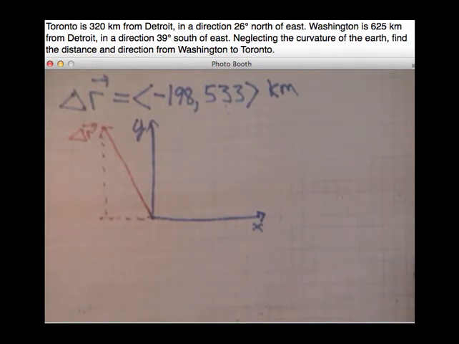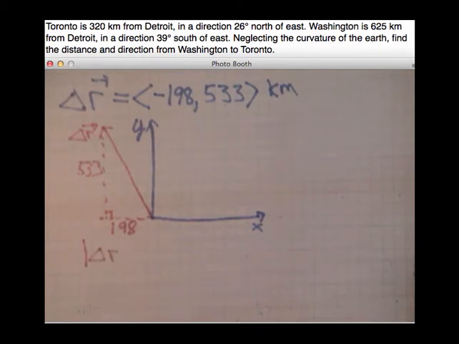And in this figure we can label two distances here. The horizontal leg of this right triangle that I've just drawn has a length of 198 kilometers, and the vertical leg of the right triangle has a length of 533 kilometers. And we're being asked for the length of this vector delta r, so that's the hypotenuse of the right triangle. And that length represents the distance from Washington to Toronto.